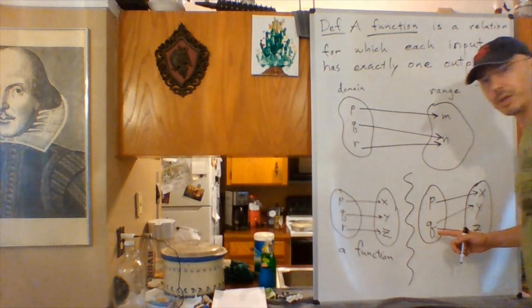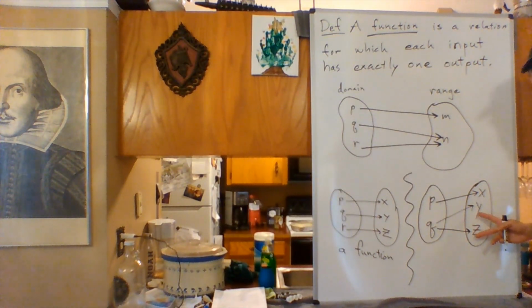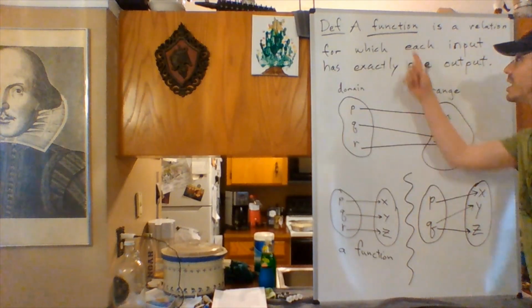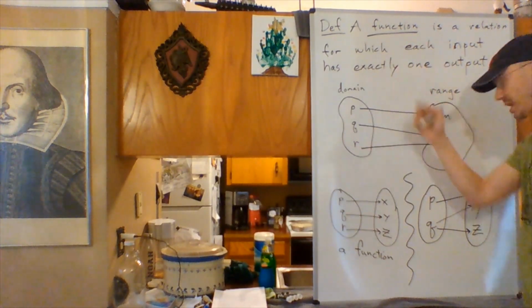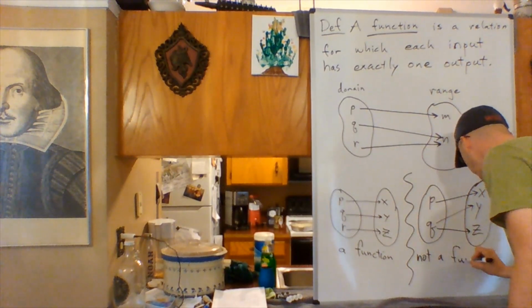Here I've got one input corresponding to two outputs. And that's a relation, but it's not a function for exactly this reason. So I'm going to say not a function.